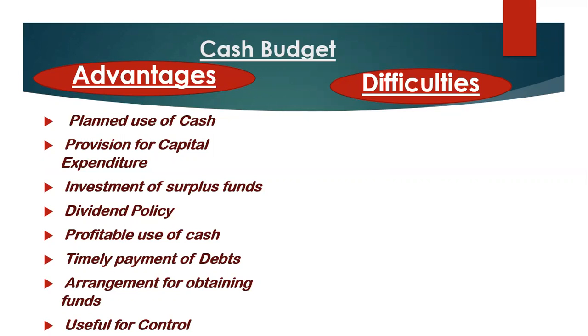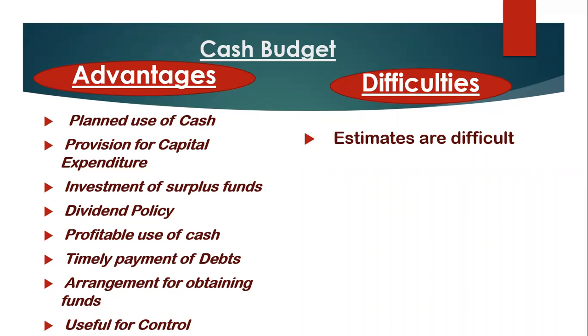Now everything comes with its pros and cons. In the same way, even the cash budget has some difficulties. So let's understand what the difficulties are. Estimates are difficult. It is very difficult to estimate expense or income, because every day the situation is changing, and we can say that the future is unpredictable.